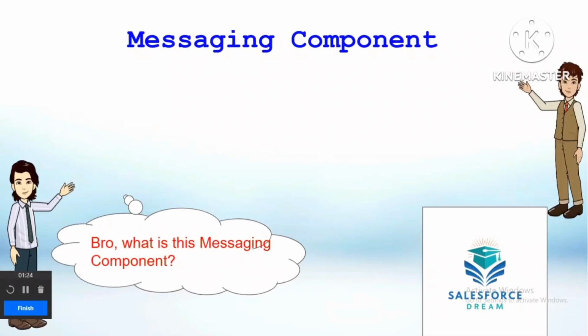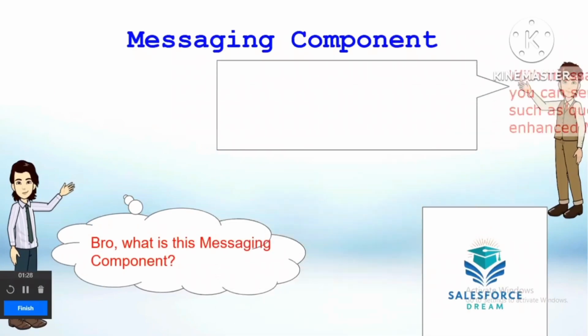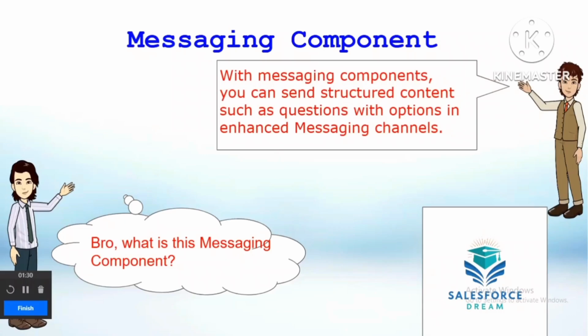So, what is this messaging component? With messaging component, you can send structured content such as questions with options in an enhanced messaging channel. You may want to send some questions with static options or dynamic options, or some time selectors.